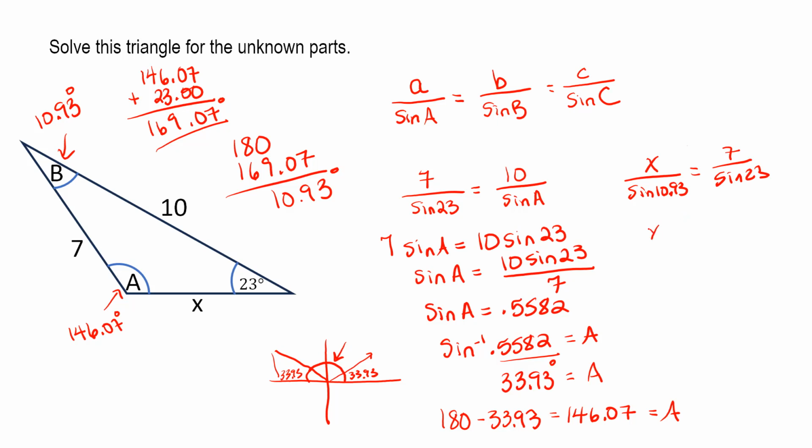And when you multiply, X sine 23 equals 7 sine 10.93, and then you divide both sides by sine 23, and you will get that X is about 3.4.